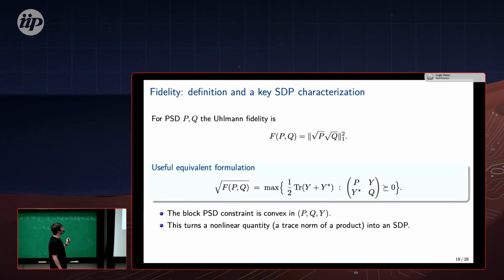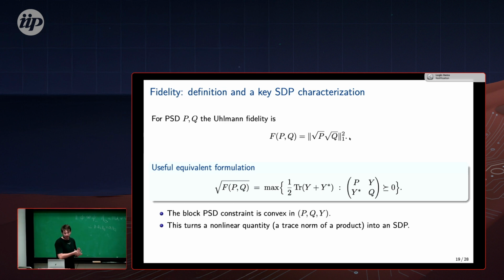And just for you to remember what the fidelity is, it is just this. I think the pointer is dying, so I'll just use my mouse. This is the definition of the fidelity between two quantum states.